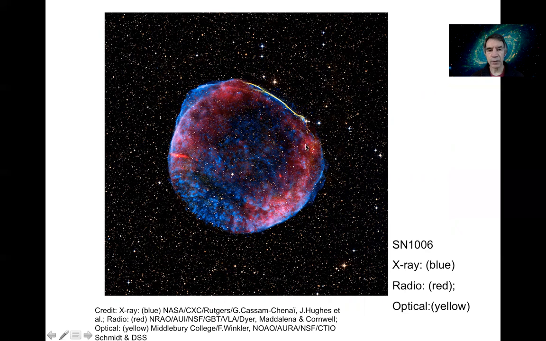Sorry, I had that the wrong way around earlier. The radio is the red, and this bubble is filled with radio emission. That's the electrons spiraling around in the compressed magnetic field. Again, it's concentrated around the edges, which is where the fast electrons coming out of the shocks and the swept up magnetic fields exist.